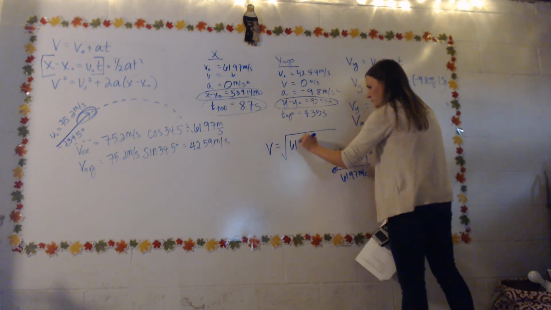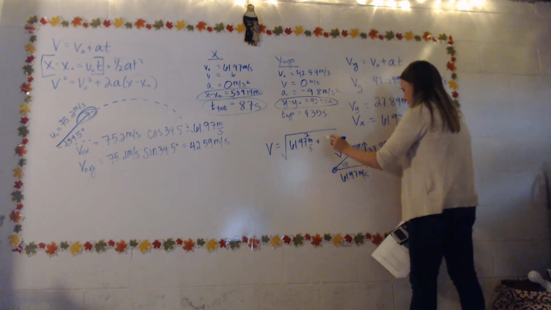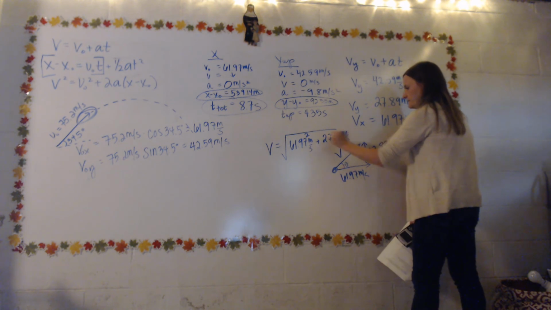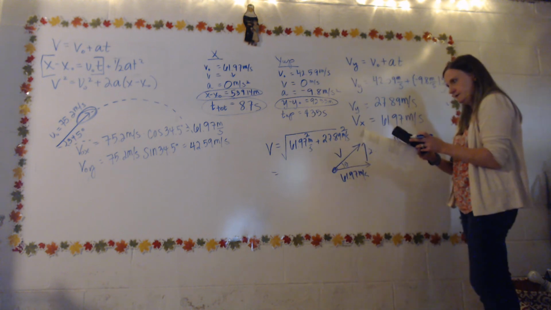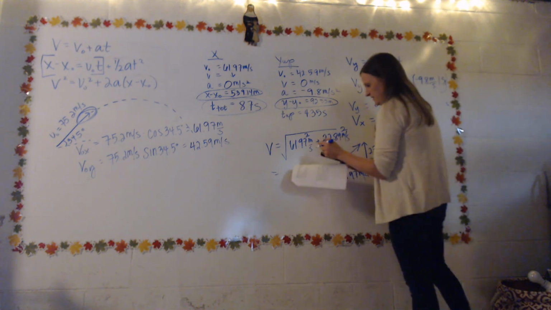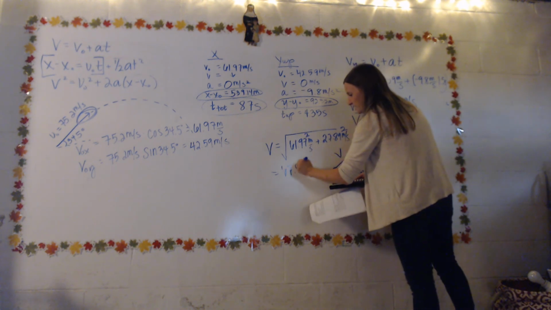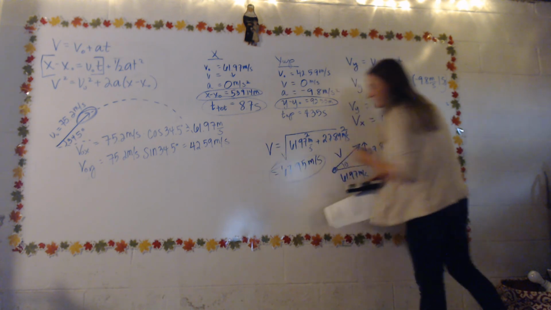So 61.97 squared plus 27.89 squared. So I get a velocity of 67.95 meters per second. So that is the velocity at 1.5 seconds.